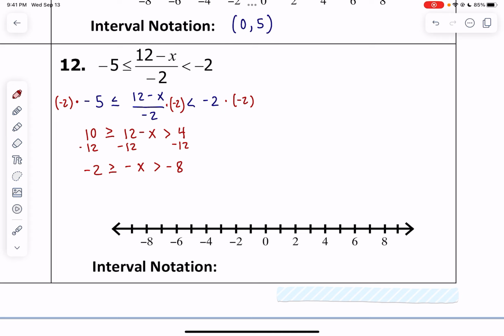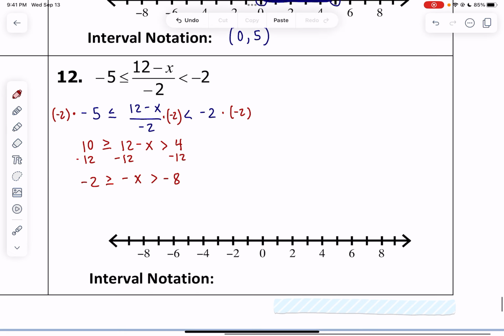Okay. So here we're almost there. We just have to get rid of this negative. So once again, you can multiply the whole thing by a negative 1 or divide by a negative 1. I'll just choose to divide everything by negative 1 to get rid of this negative sign. So we'll also do the same for all the other sides.